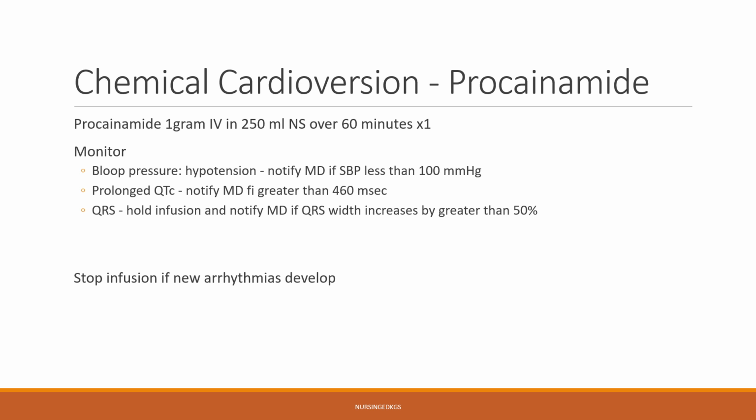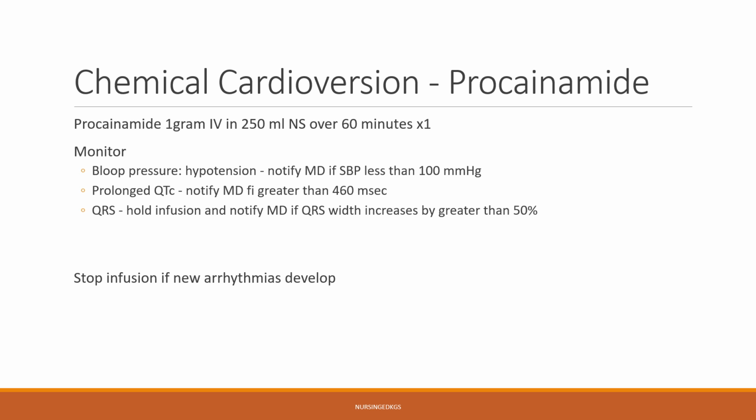patient receives the procainamide. You're also going to monitor for prolonged QTc and notify the physician if their QTc goes above 460 ms. You're going to monitor the patient's QRS and hold the infusion and notify the doctor if the QRS width increases by greater than 50%.